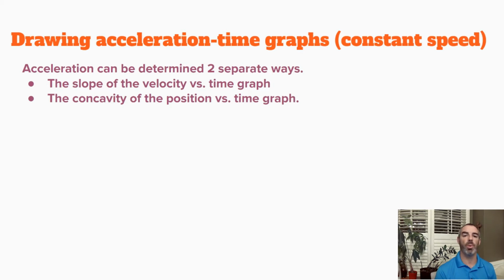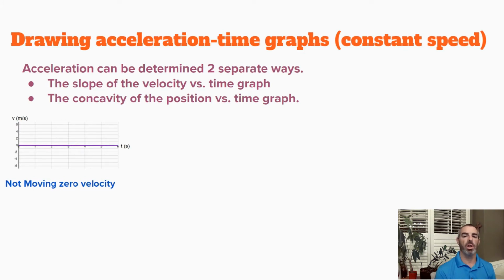It can be determined 2 ways, and this is the sign on acceleration. The slope of a velocity time graph can help us determine the sign and the value of the acceleration, and the concavity of the position time graph can help us figure out the sign on acceleration. We're going to talk about the concavity a little bit later on in the video. For now, we're going to focus on the slope of a velocity time graph.